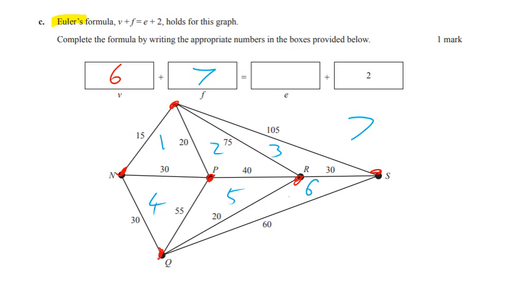Let's do that in green. 1, 2, 3, 4, 5, 6, 7, 8, 9, 10. Have I missed any? I think I have somewhere. Oh, there it is. 11. So 6 plus 7 is 13, and 11 plus 2 is 13. So 13 does equal 13. Therefore, we've verified it by putting our numbers in there.